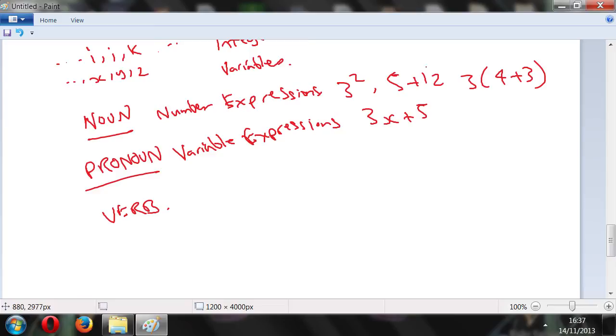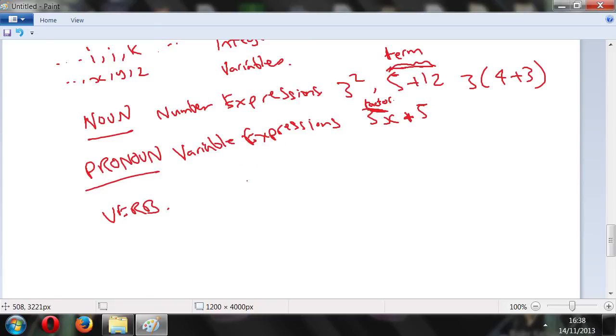The 5 plus 12 is added, so it's going to be a term, and then you could say the 3x is multiplied, so it's a factor. So the term is an even smaller fragment, but these are still fragments, and they're not even part of the equation. So that's a good way to look at it.